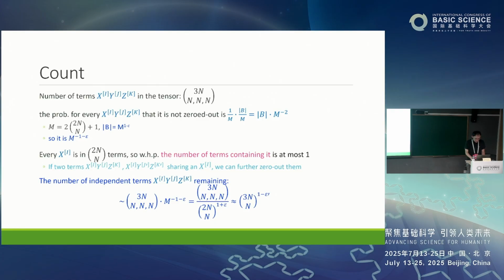So after calculation, the number of independent terms that remain is 3n choose n to the 1 minus epsilon prime. So the loss is very small, in fact.